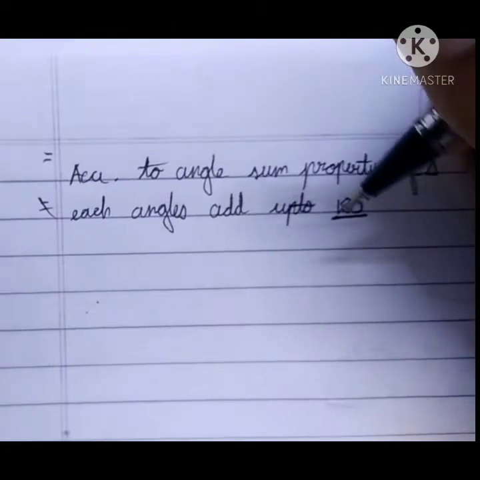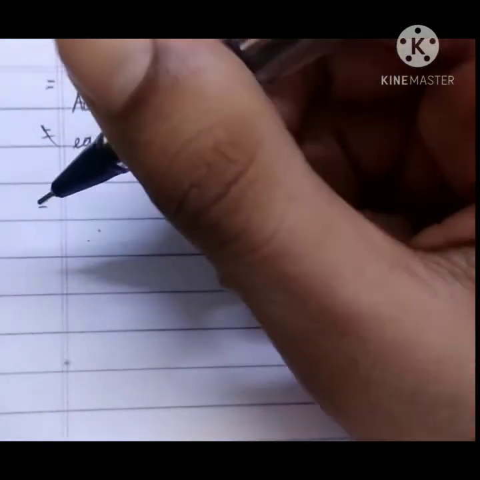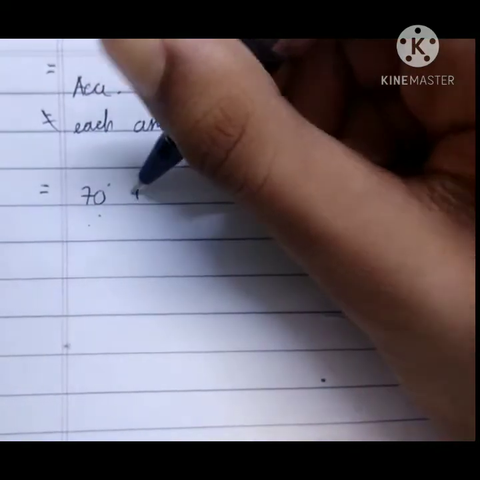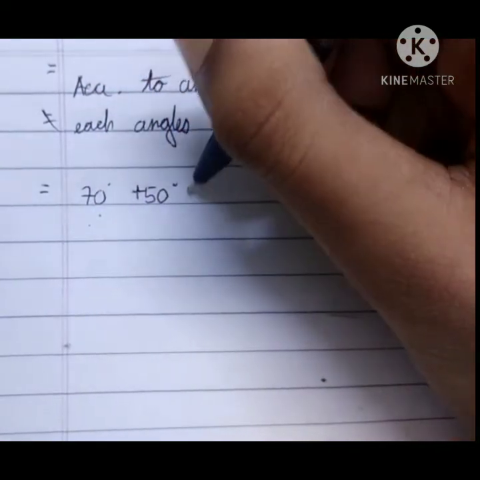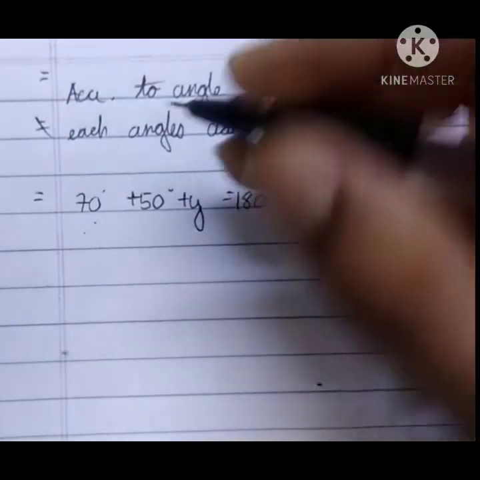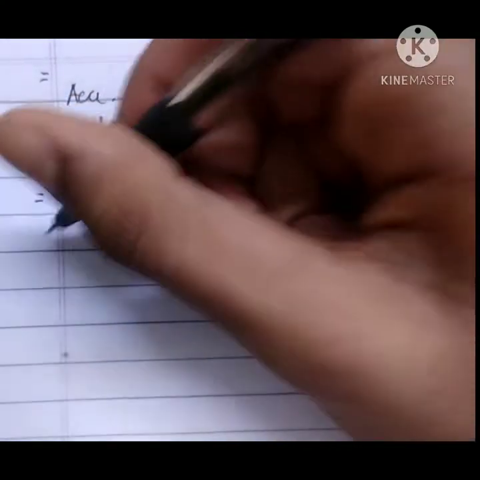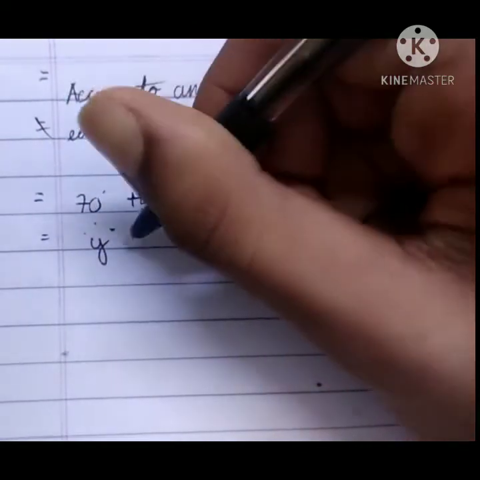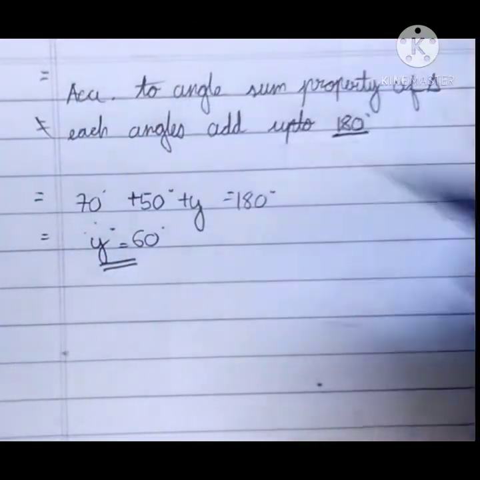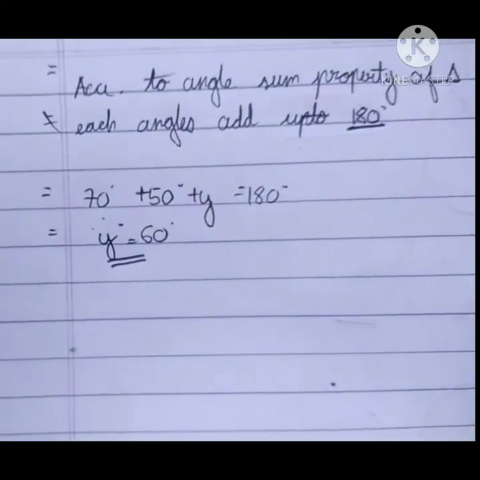This is a very basic rule. So here it gives us 70 degrees plus 50 degrees plus y degrees is equal to 180 degrees. Consequently, y is equal to 60 degrees.